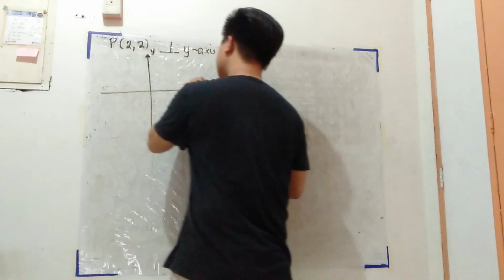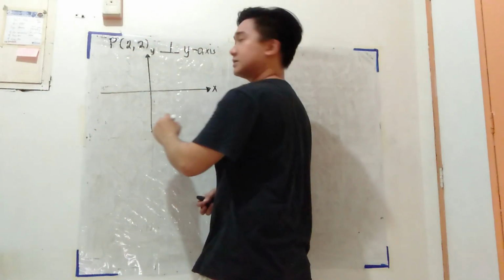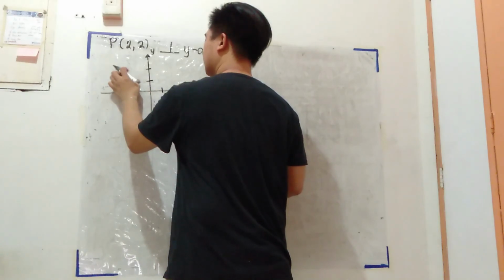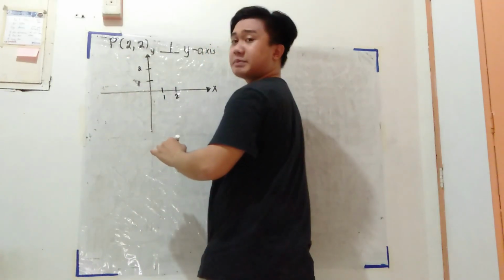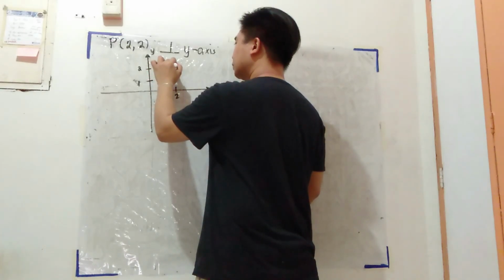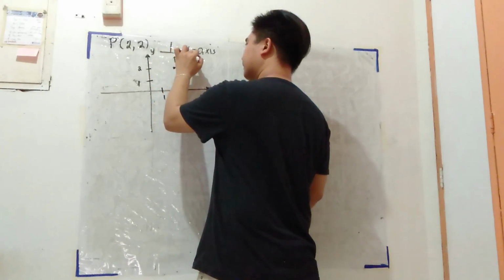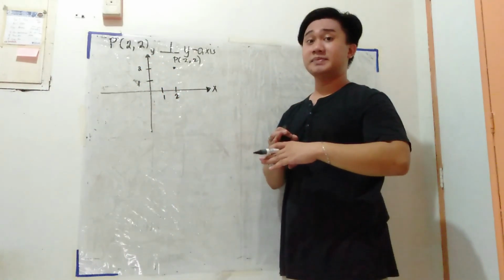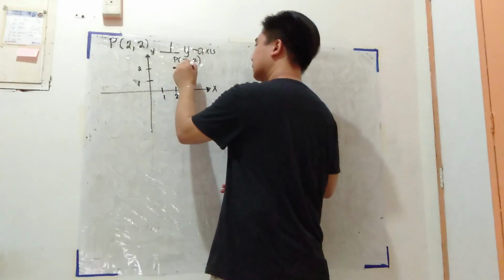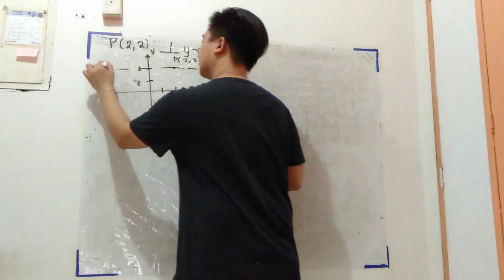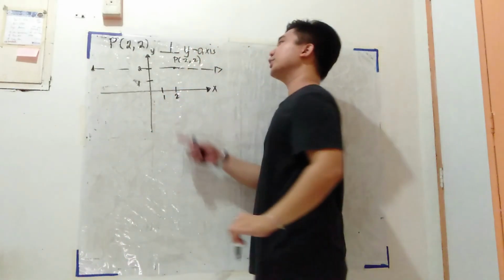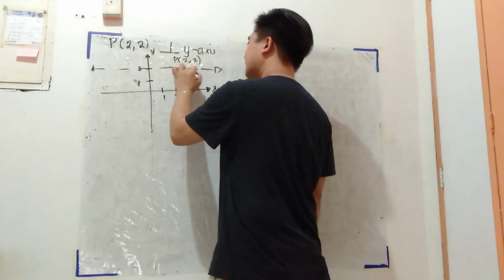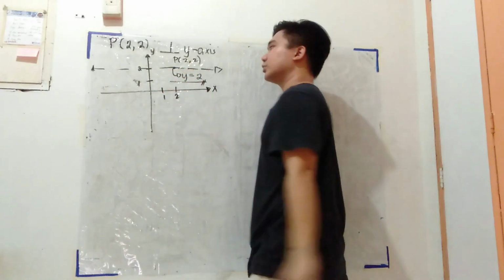So let's say this is the y-axis and this is the positive x-axis. 1, 2, 1, 2. It passes through point (2, 2). Isn't this the point (2, 2)? And it is perpendicular to the y-axis. When lines are perpendicular, you should form a 90 degree angle. So this is our line, and by drawing itself, I can say that the equation is y equals 2. So we already have an answer.